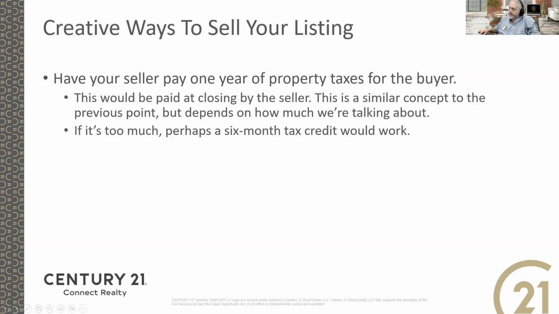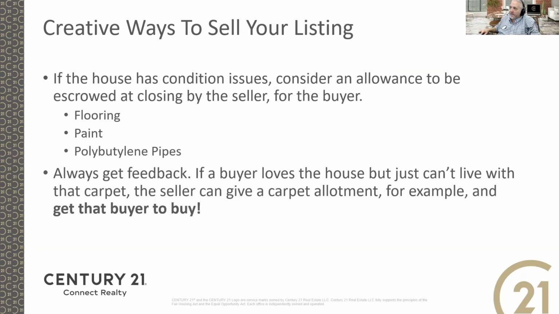All right. And if that's too much, then perhaps maybe just a 6-month or a half-year credit would work. Again, all points of negotiation that show that you're making extra efforts for your seller and the buyer and the buyer's agent, that you're going the extra 9 yards to make the deal work.